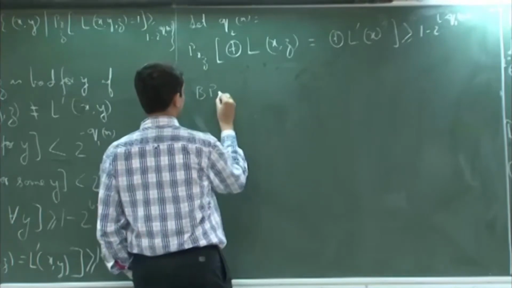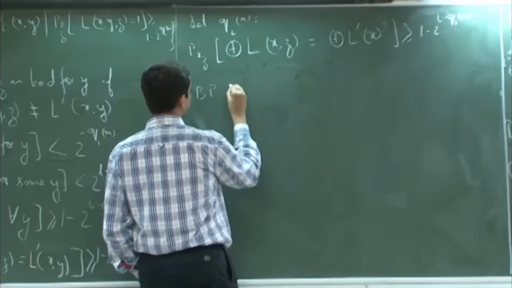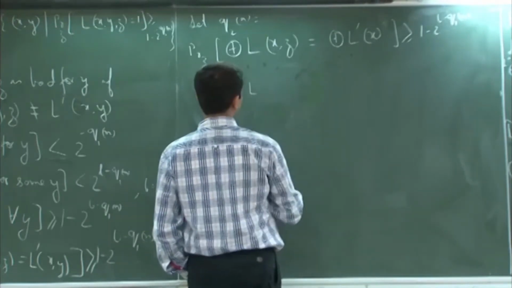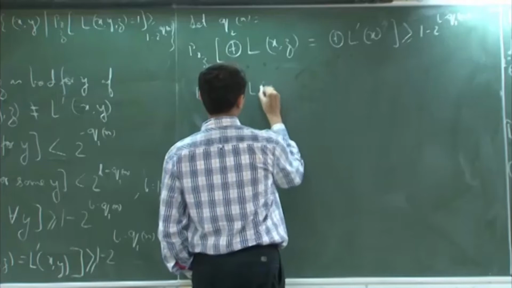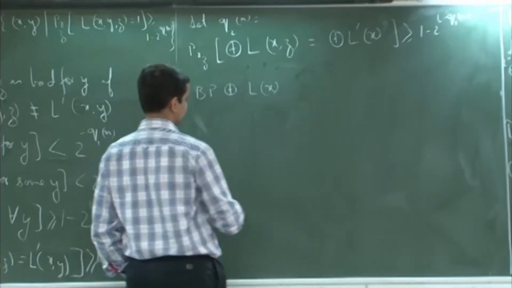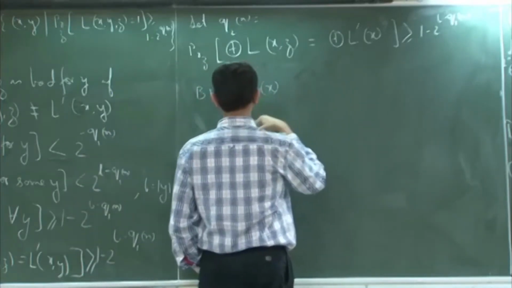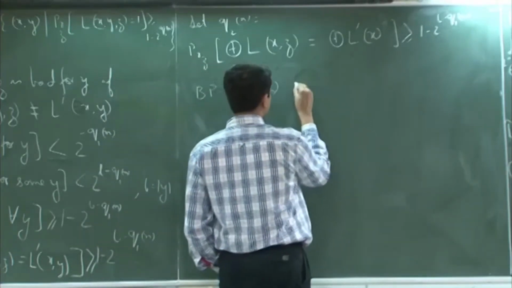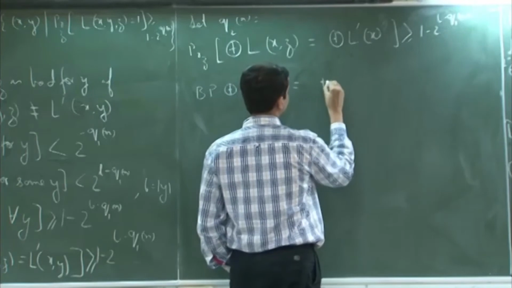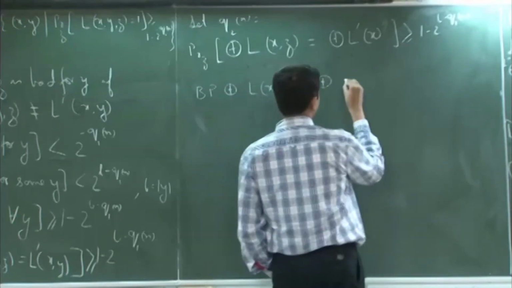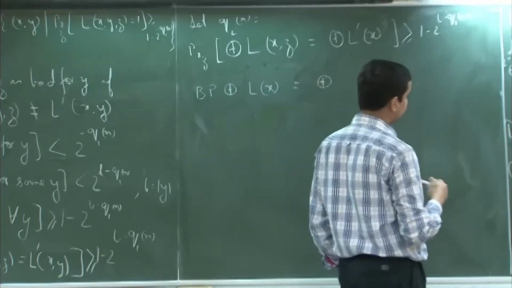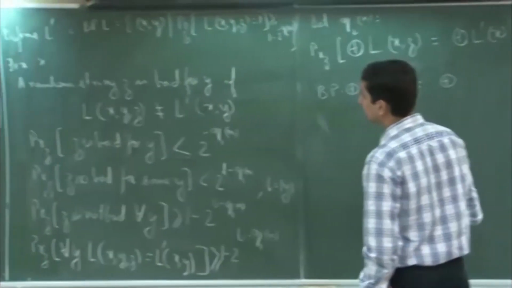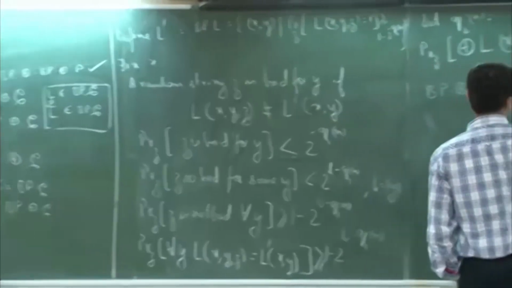BP dot parity dot L of a string x. Okay, so I just subsumed the probability in this operator. So this is equal to parity dot L prime, but L prime is nothing but, I think I erased it. Is it? No, so L prime is there, BP dot L.